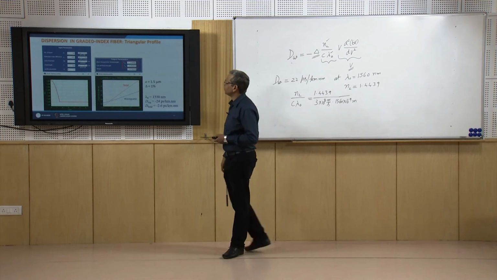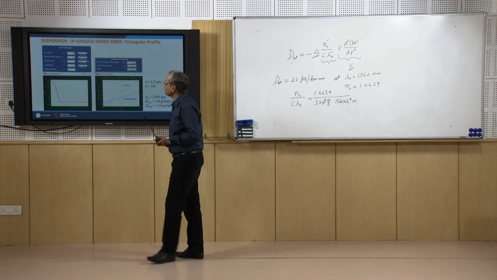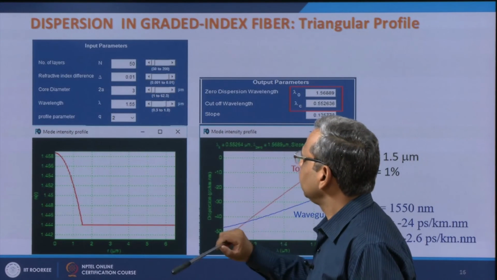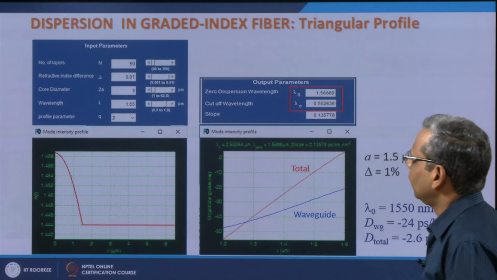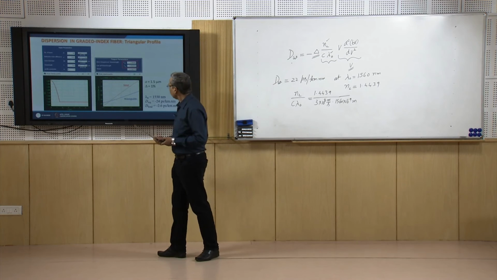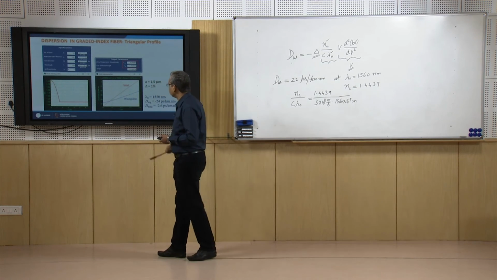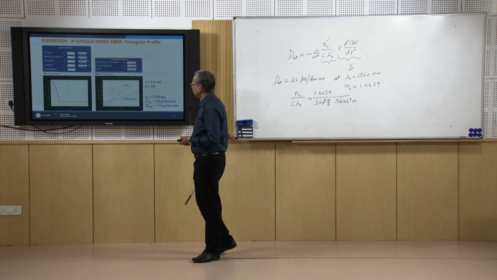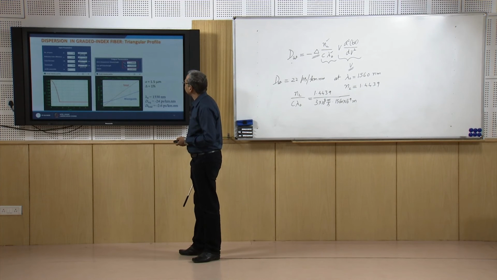In a parabolic profile, if I again take the value of delta as 1% and the core diameter I have now made 3, the total dispersion and waveguide dispersion vary like this, and at 1550 nanometer wavelength, waveguide dispersion is minus 24 picoseconds per kilometer nanometer, and total dispersion is about minus 3 picoseconds per kilometer nanometer. So, by changing the profile, you can change the waveguide and total dispersion.